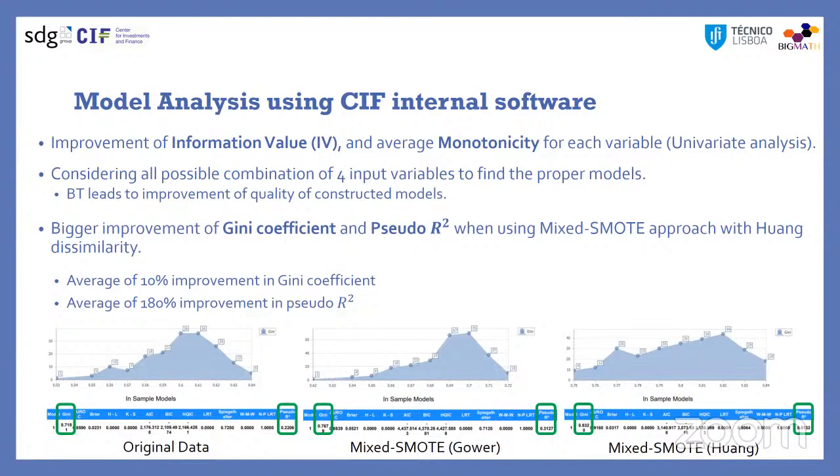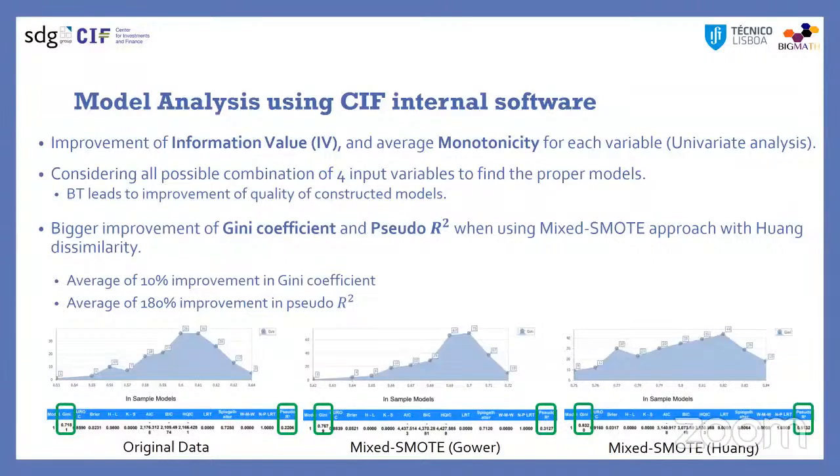It also shows an interesting result: a 10% improvement on average for the Gini coefficient, and a huge improvement for the pseudo R-square, near 200% on average compared to the original data, which shows a big impact of the balancing technique on the real-world dataset.